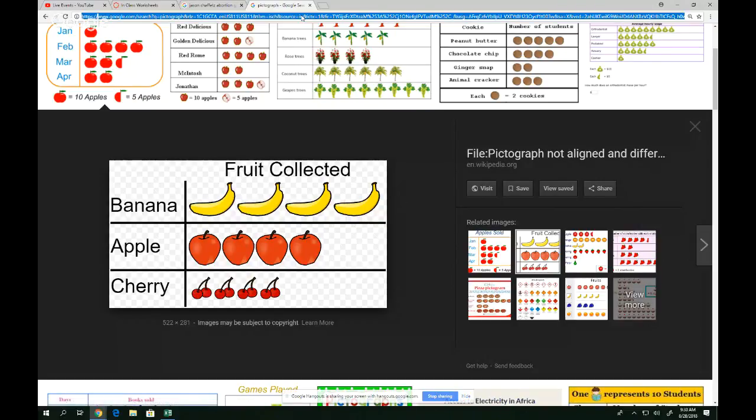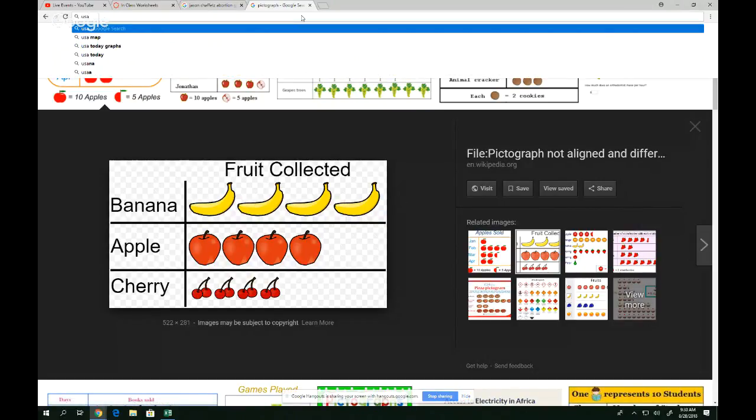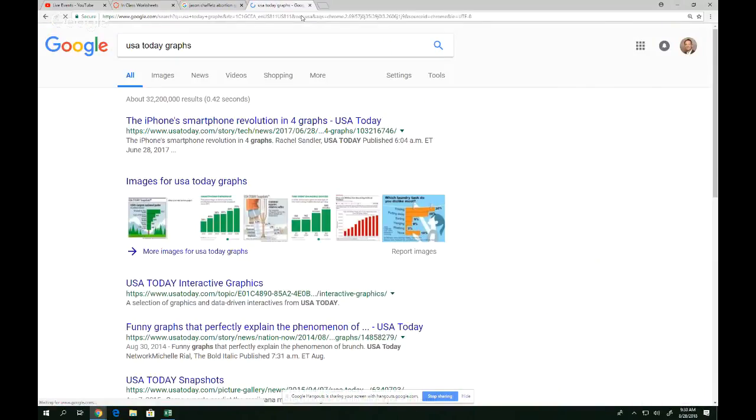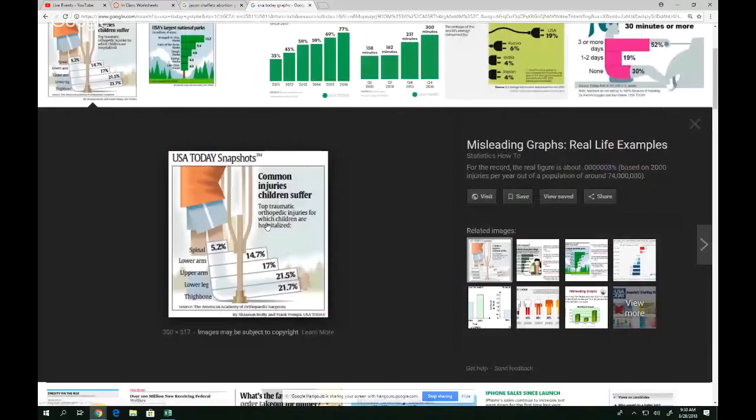Some of the worst graphs you will ever see are from USA Today, but they are artistic, I'll grant that. This is one of my favorites here. We've got a cast, right? Okay, don't do that. I really like it though. It is artistic.